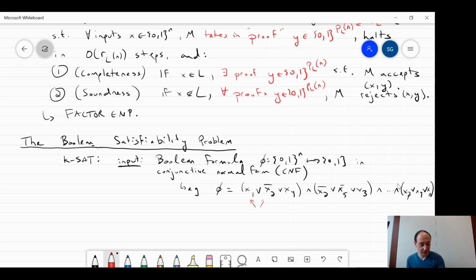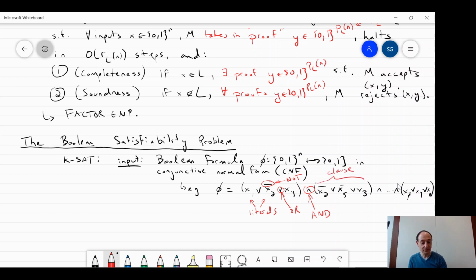These guys are basically literals. And the word literal as opposed to variable typically means that we distinguish between x and x bar. This bar on top is a negation, it's the NOT gate. This v over here is an OR, a bitwise OR. And this is the bitwise AND. And this thing is basically a clause.